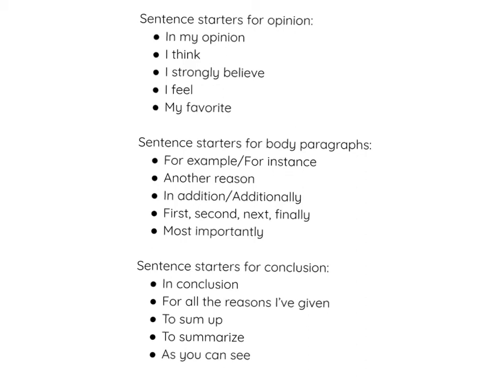And in my class, we have something that's called this. I know it looks confusing, but it's actually no two sentences start with the same word. So you really want to find a variety of ways to start your sentences. And here are some examples and ways that you could use it.